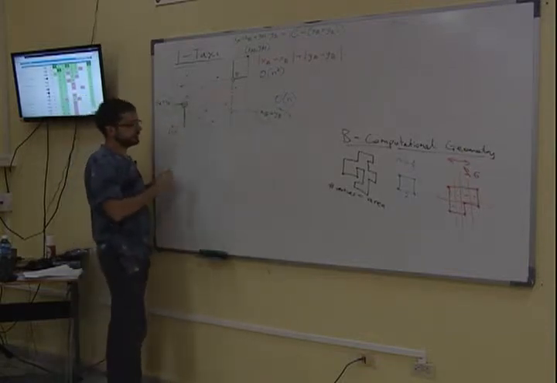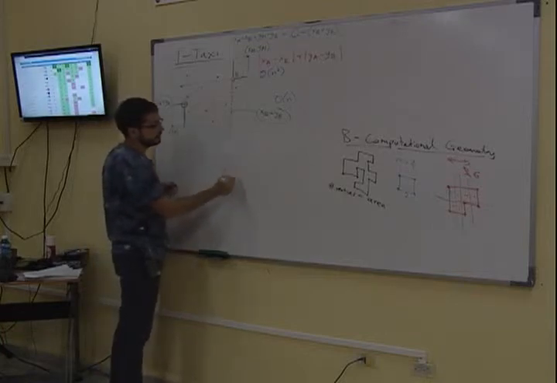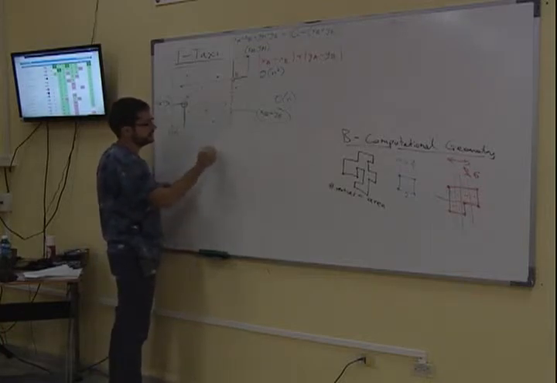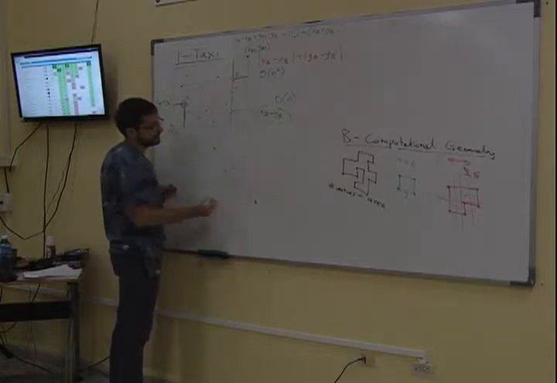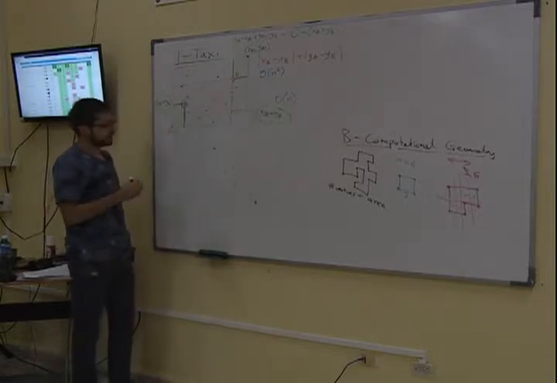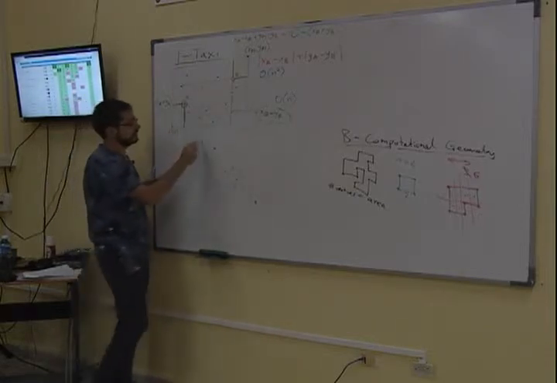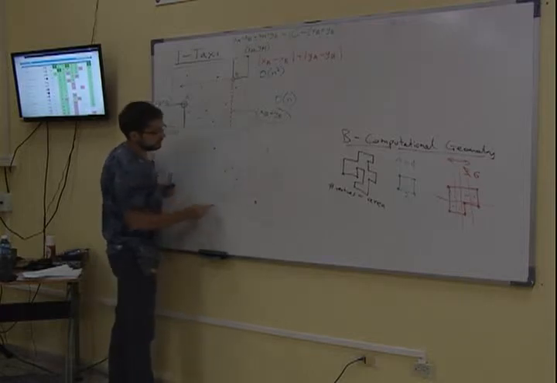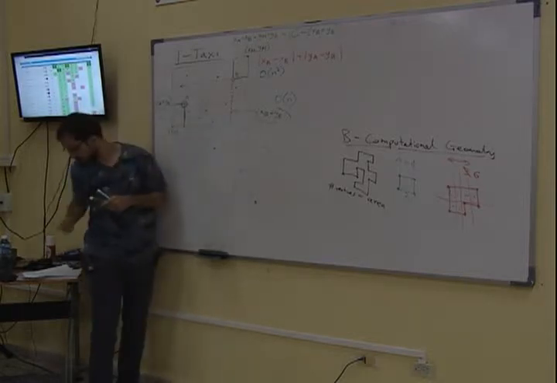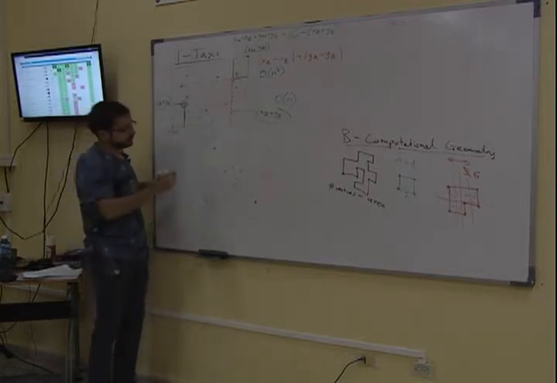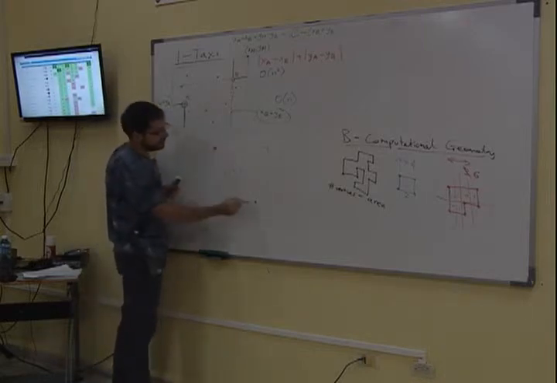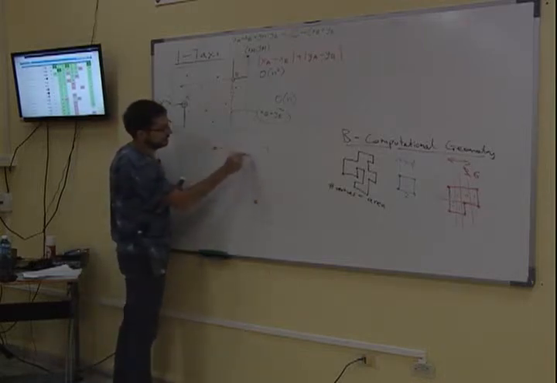So maybe we have some points here, and we have a point here. We have a point here. All right. And then for this picture, it's obvious that the optimal solution will be this point and this point.